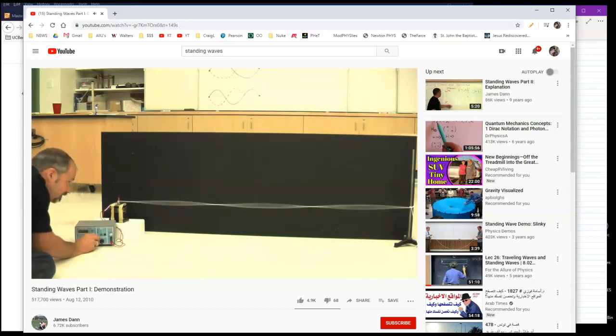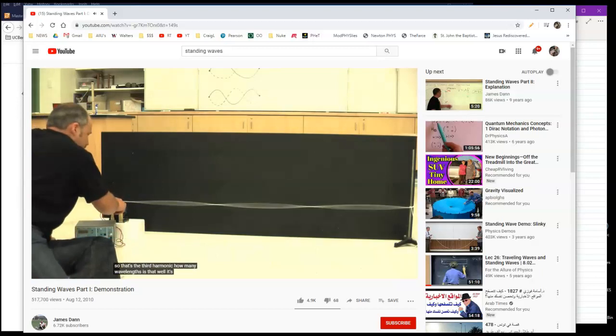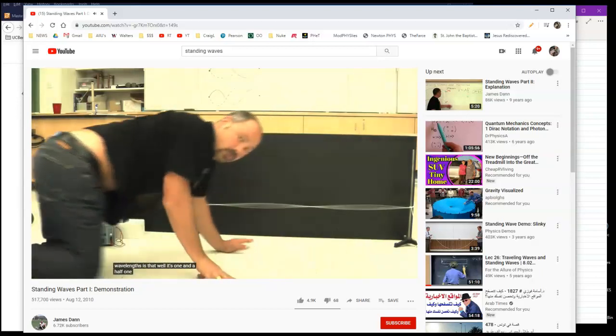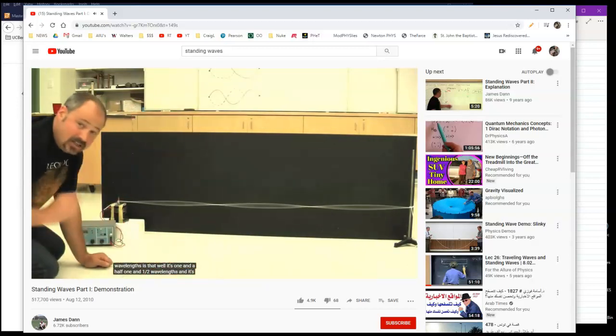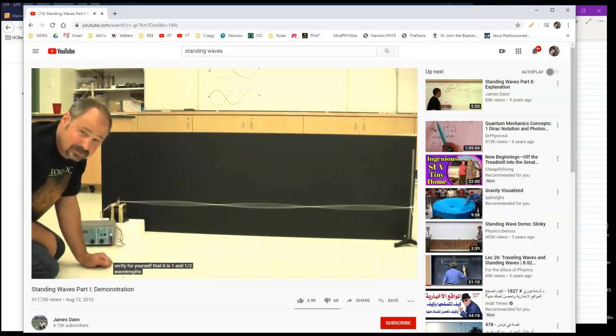Isn't that cool? So that's the third harmonic. How many wavelengths is this? Well, 1.5, 1 and a half, right? 1 and 1/2 wavelengths. And it's easier to see in high speed. So check out this shot with the high speed camera and verify for yourself that it is 1 and 1/2 wavelengths.